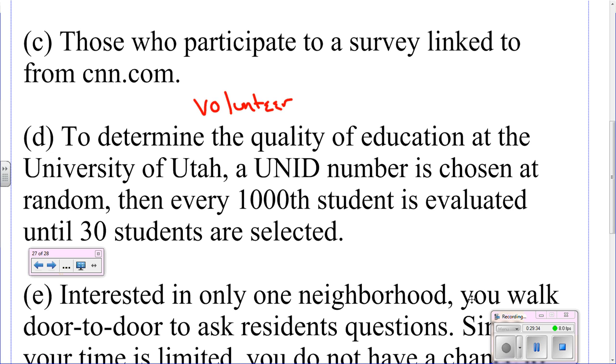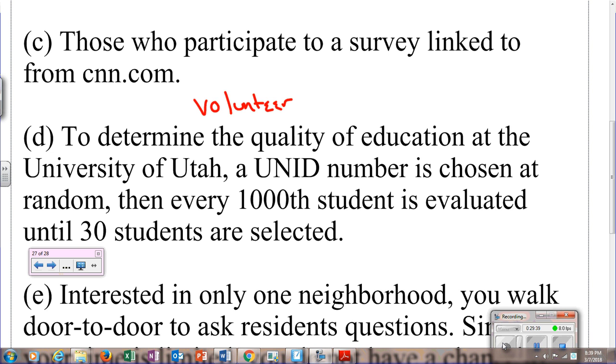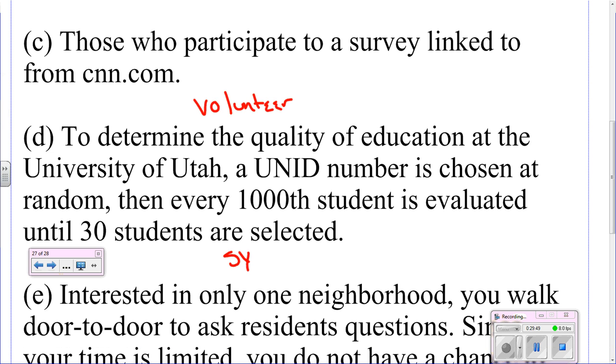So this would be a different type of sampling than any of the ones that we've done. This would be a systematic sampling. Choose one random person, then we put a system in place with every 1,000th student.